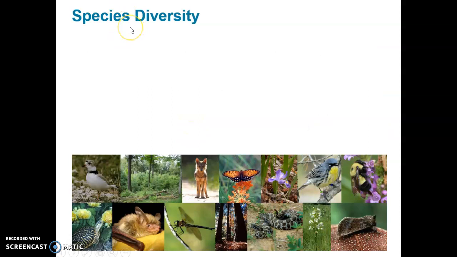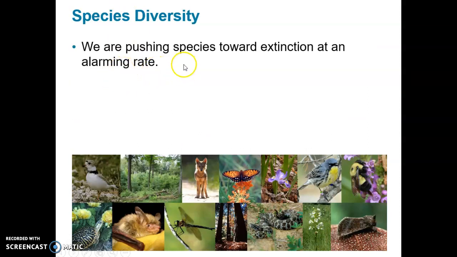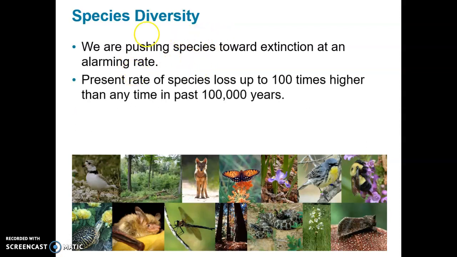So a little on species diversity here. Humans are pushing many species towards extinction at an alarming rate, and that's accelerated over the last couple of 100 years, in particular the last 100 years, with industrialization and increased human population, and then increased human incursion into natural habitats and destruction of natural habitats, which clearly destroys plants and then animals that rely on those plants in those particular places.